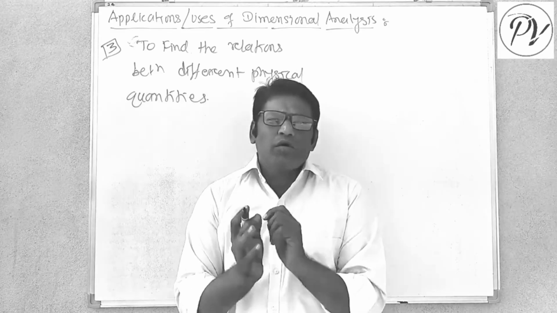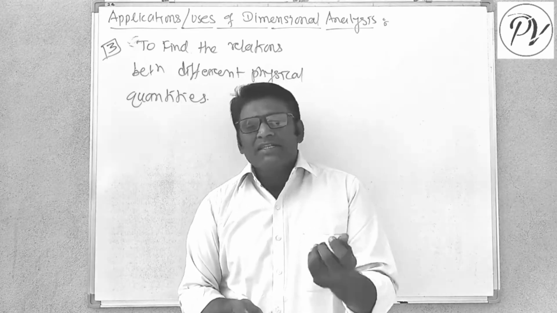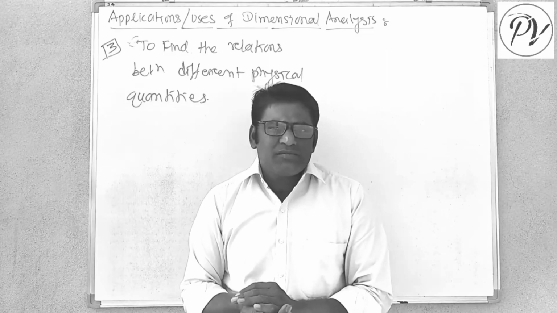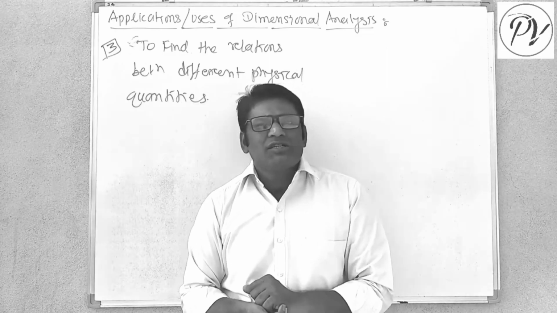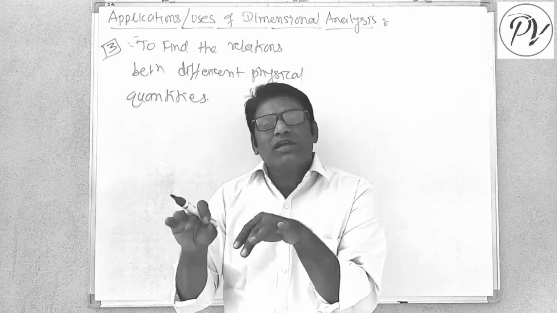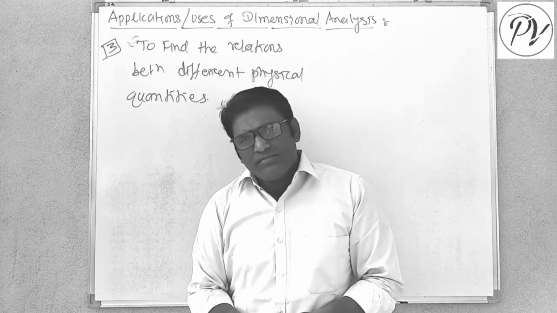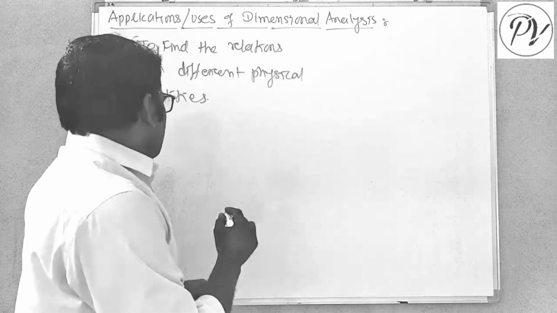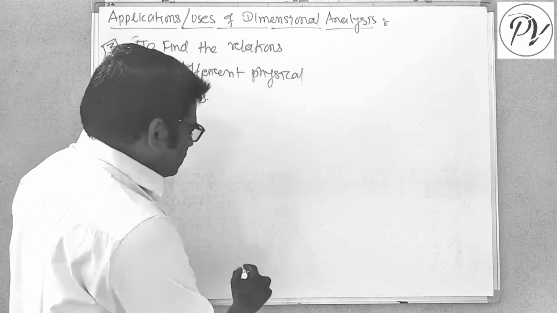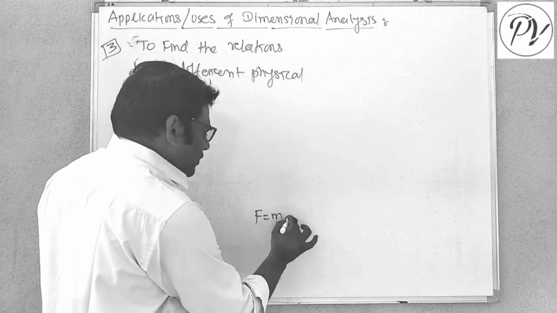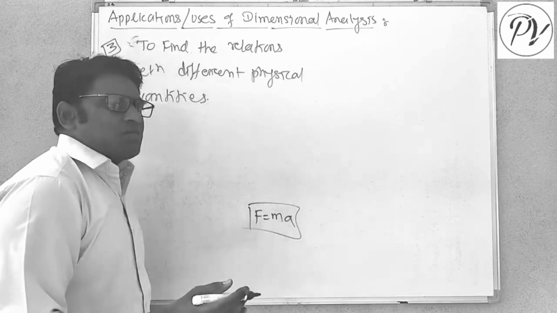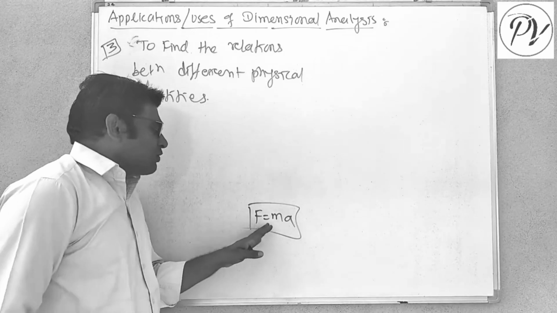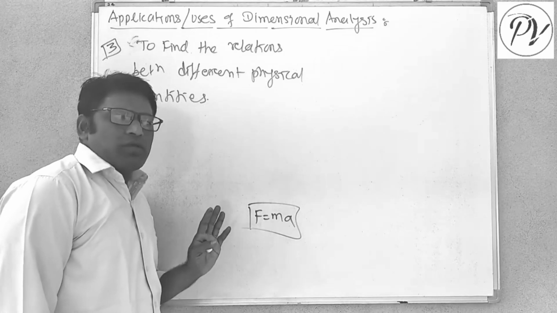Means what? Force depends upon what? Mass and acceleration. So experimentally we have to find it out. Force depends upon mass and acceleration, and by using dimensional analysis we can find the relation between them. Okay. So let us say, we know force is equal to ma, that we know. But for some moment, forget that you know force is equal to ma.